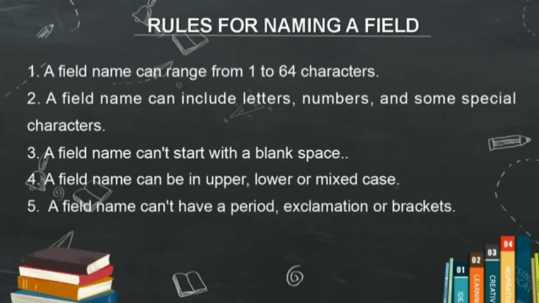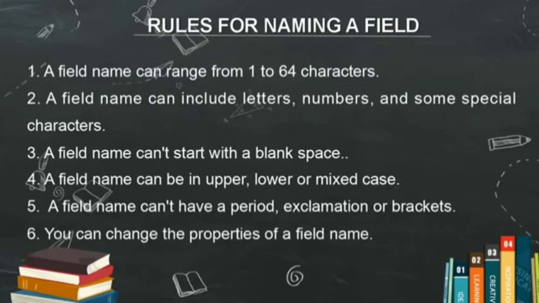Next, a field name cannot have a period, meaning full stop, exclamation mark or brackets. And the last one is you can change the properties of a field, meaning storage size, formats and validation rule of a field can be changed by specifying certain characteristics in the field properties pane.